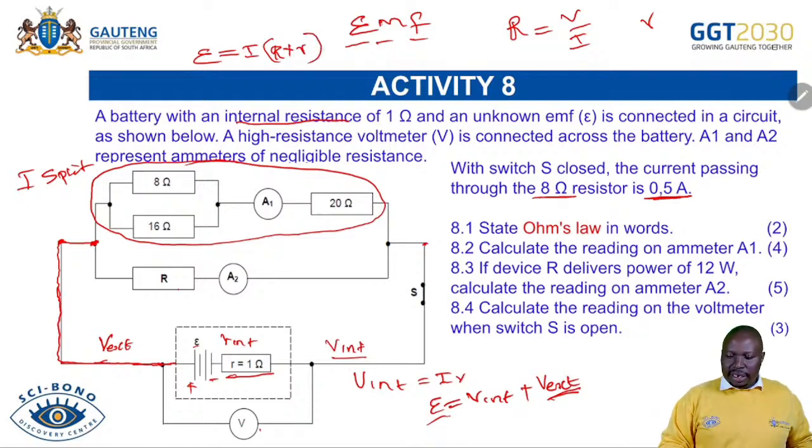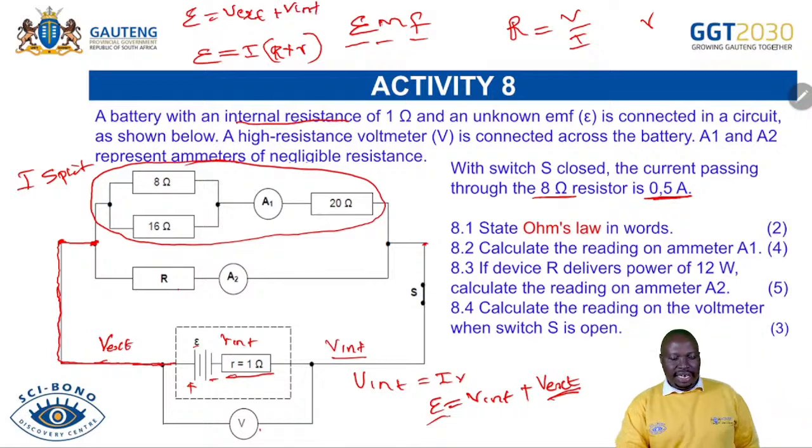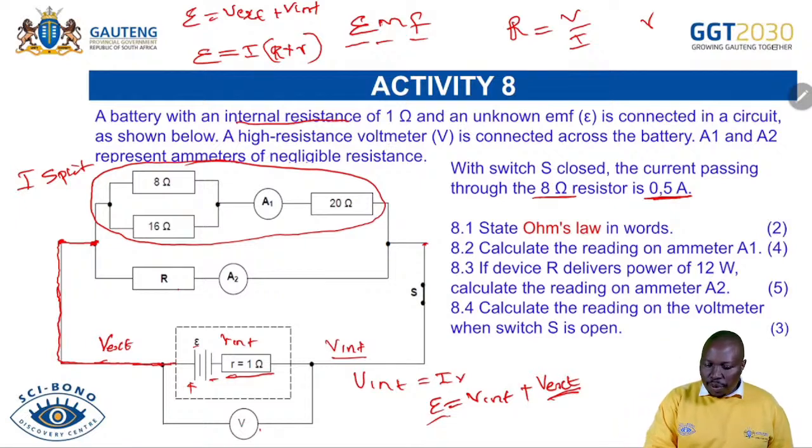And you know that if we have that, it means we have V external plus V internal. So those are the variables that we have to deal with as far as this question is concerned. Now, they are saying that with switch S closed, the current passing through the 8 ohm resistor. So you look for the 8 ohm, they are saying here.